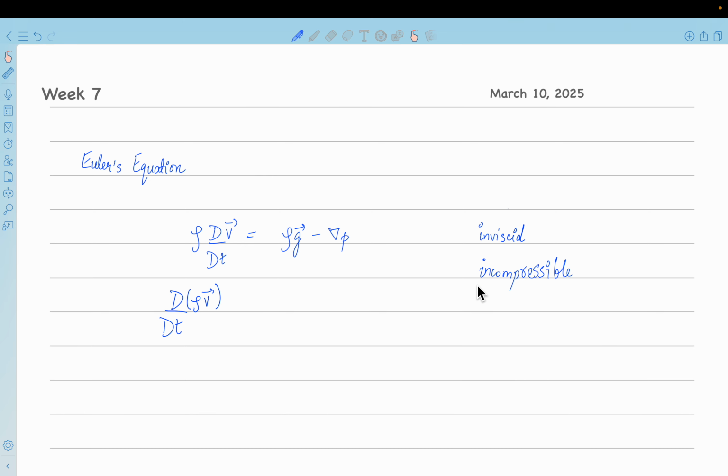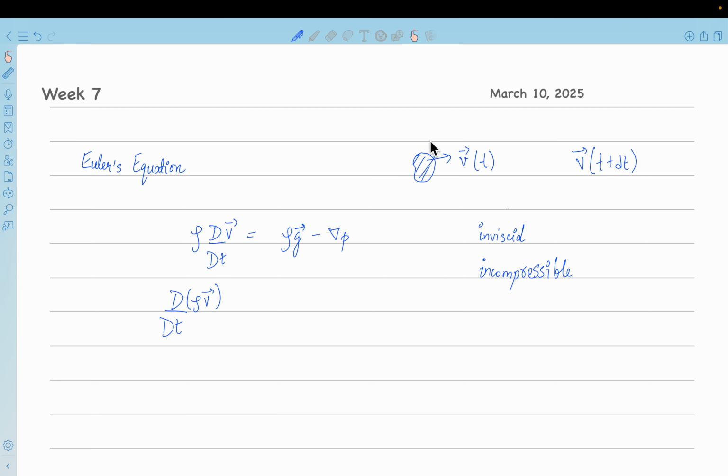Okay, so you can go back and look at the derivation of the momentum equation. What we start with is we take a fluid element, and at time t its velocity is v. Then after some time the velocity is v at t plus dt.